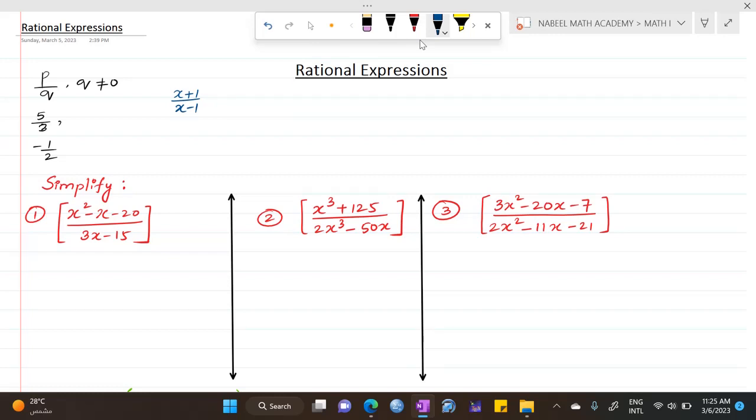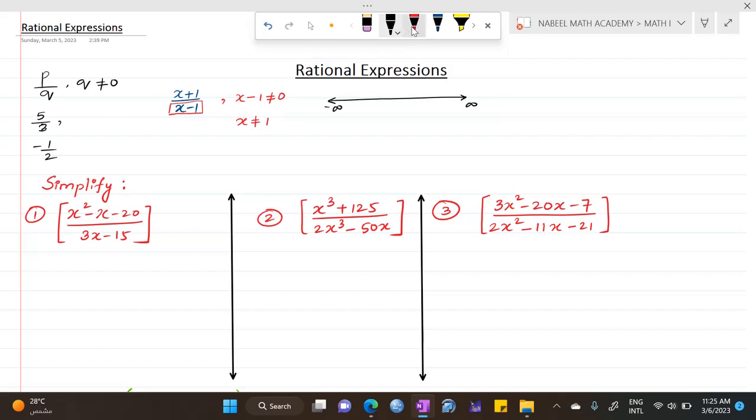And here also there is a restriction. The domain of this is not equal to the denominator. X minus 1 not equal to 0. If it is equal to 0, it becomes undefined. So x is not equal to 1. So the domain is defined as minus infinity to plus infinity.